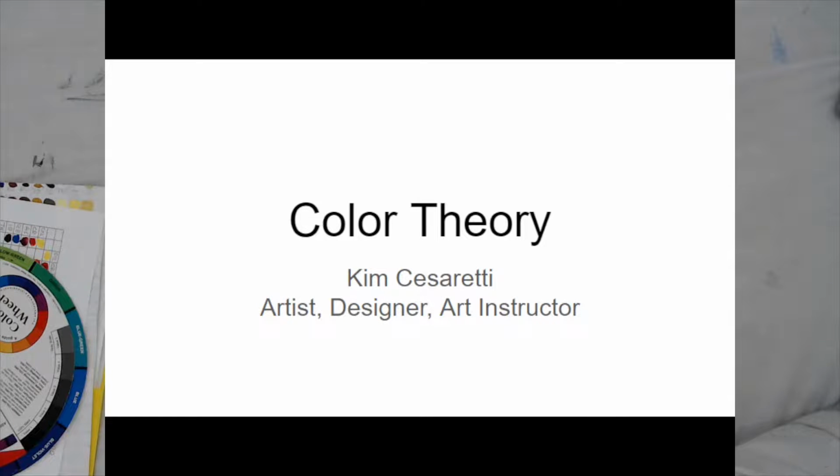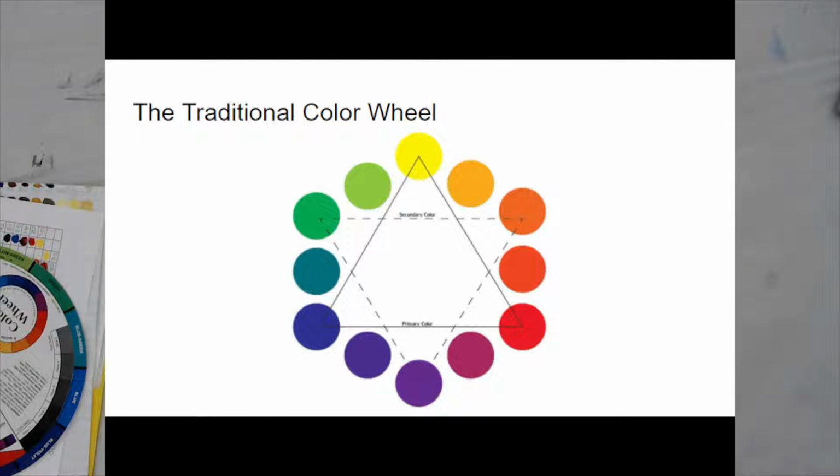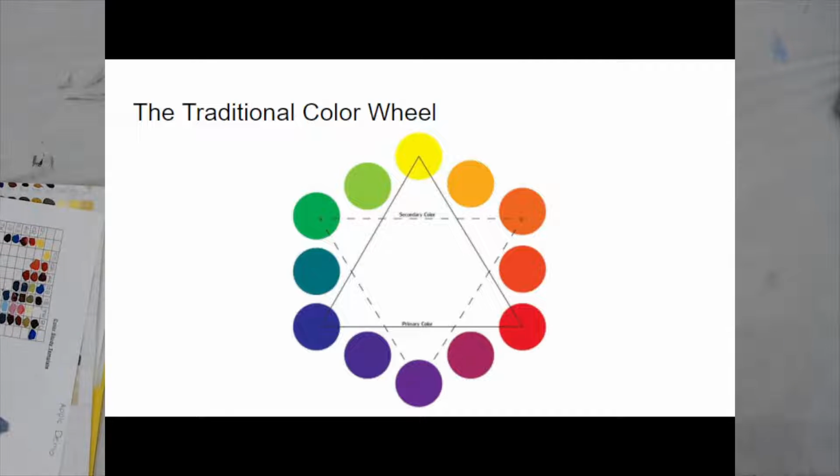So here we go. This is a little bit of the rundown on color theory and practice. Some of you may have had this before, some of you haven't. This is a picture of the traditional color wheel, what we would normally experience.